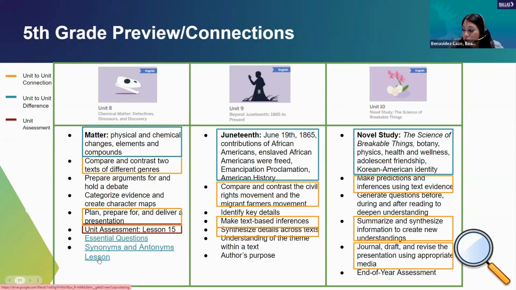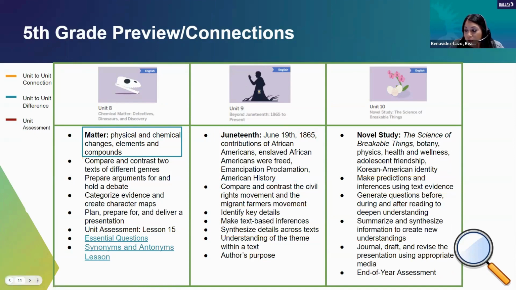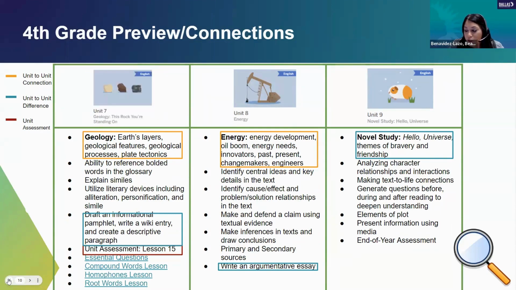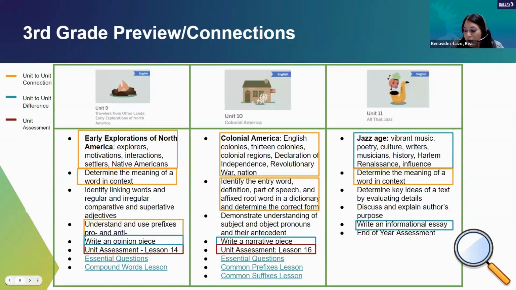So if there are additional lessons that went with your unit, we linked them on the preview. So we have compound words, homophones, root words. As you're teaching these components, I wanted you to be able to visibly get to the additional lessons that Amplify provides that explicitly teaches that skill.